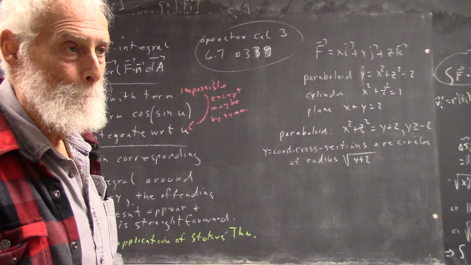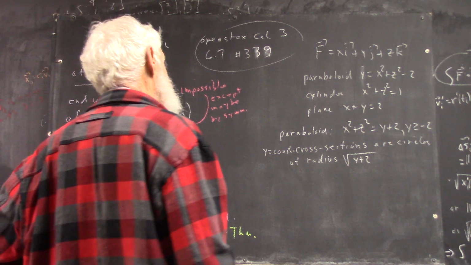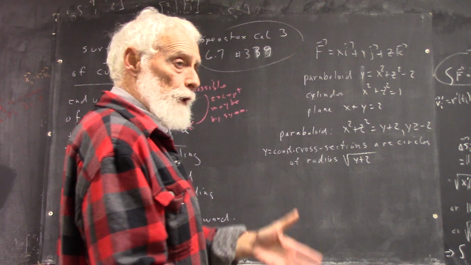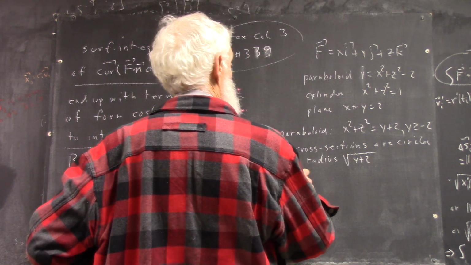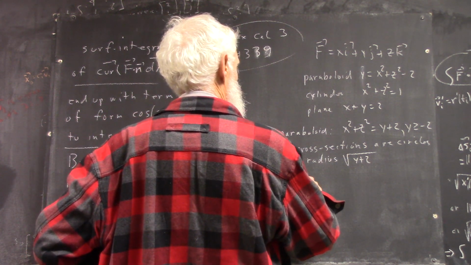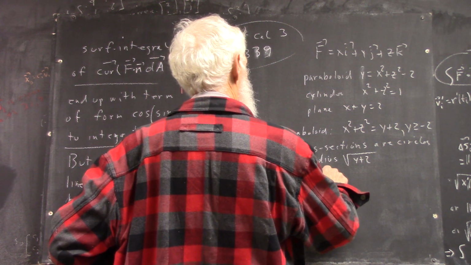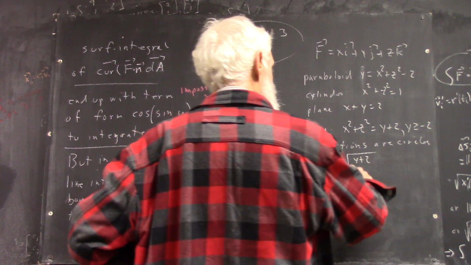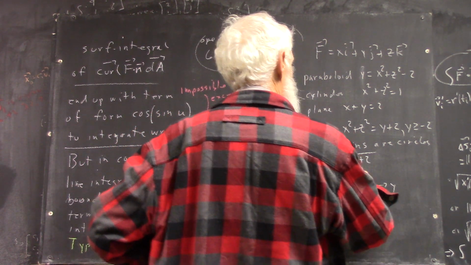Okay? And then you do cross sections with x or z. The cross section for x equals 0 looks like what? You've got y and you've got z.